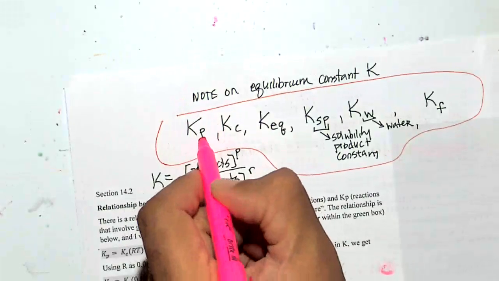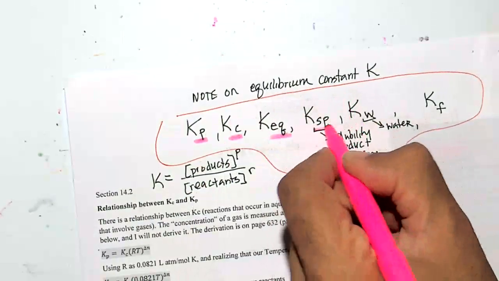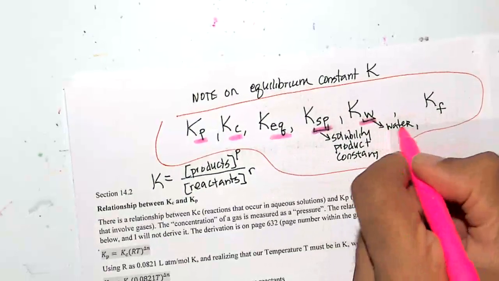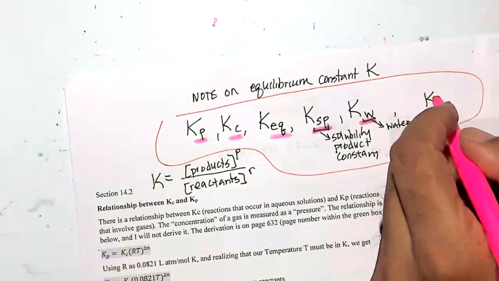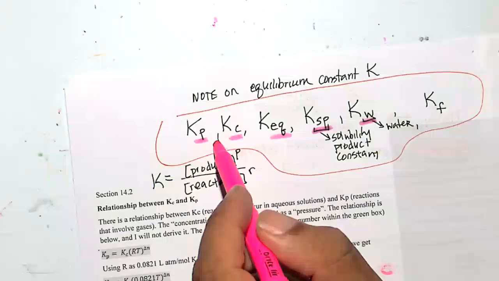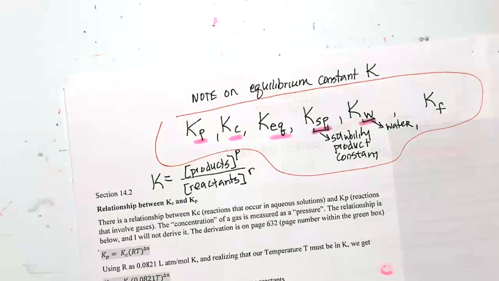You don't have to worry about the subscript. They're very specific for a specific type of reaction, like this one is for water, and this one's for a complex ion, which we will not talk about in this class. So don't worry about the subscripts, but they do have a very specific meaning that they convey.